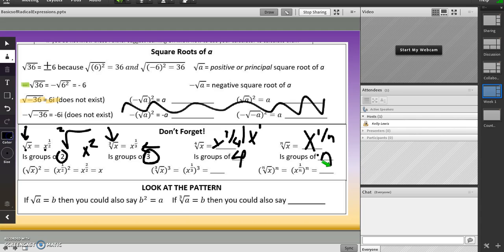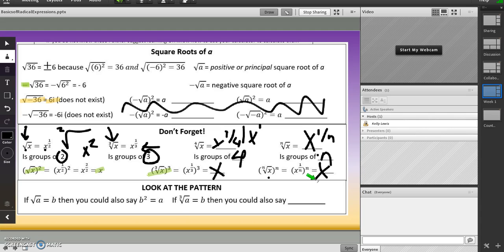Anytime we take the square root of a number squared, it's really just that number. Anytime we take the cubed root of a number cubed, it's just that number. Anytime we take the fourth root of a number to the 4th power, it's just that number. Anytime we take the nth root of a number and put it to the nth power, it's just that number.